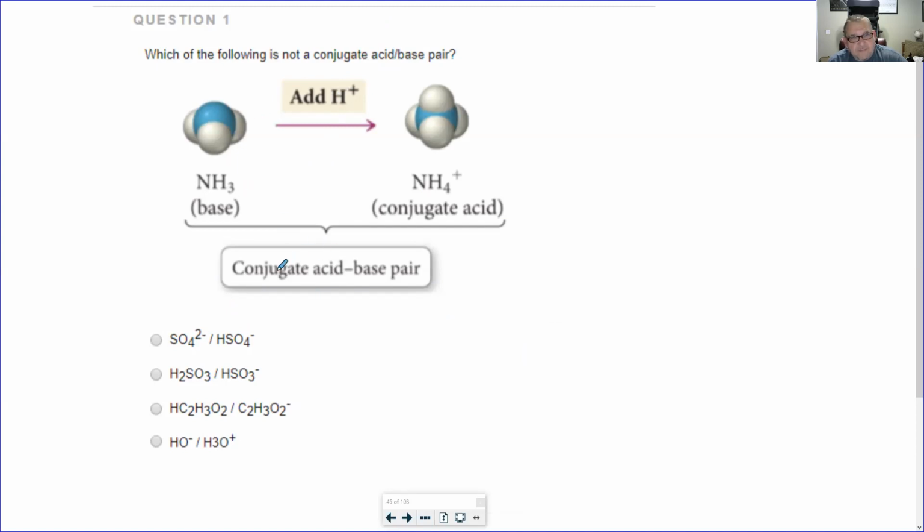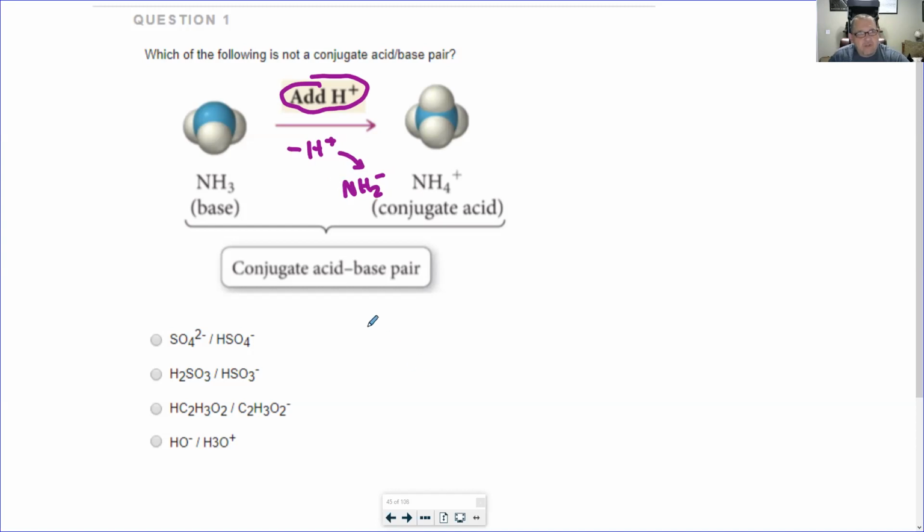With this example of ammonia, NH3, going to ammonium, NH4, it's accomplishing that by adding a proton to it. It could also be part of a conjugate acid-base pair if it lost a proton, forming the amide, NH2 with a minus. So it could work either way in the system.